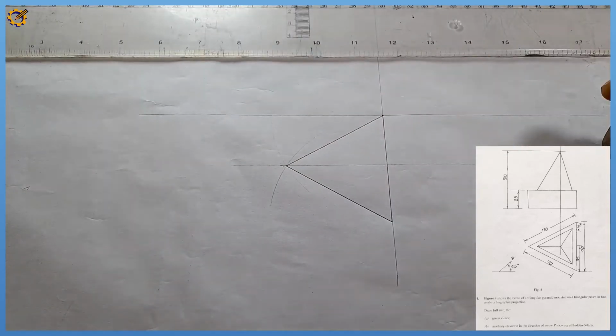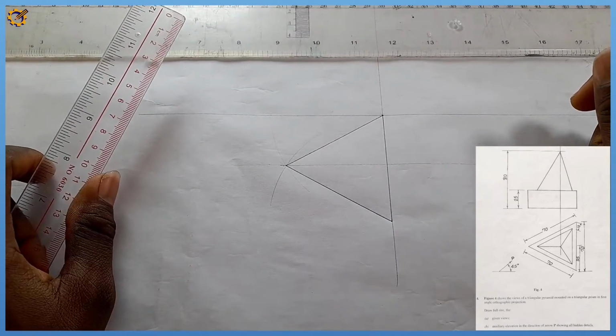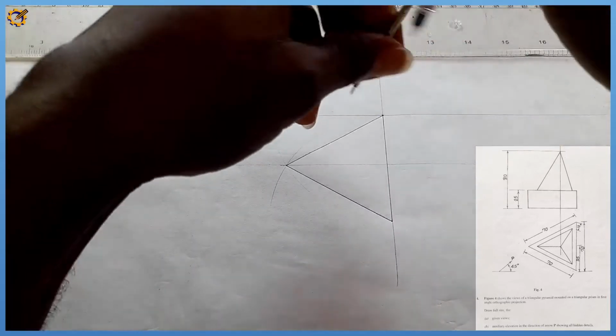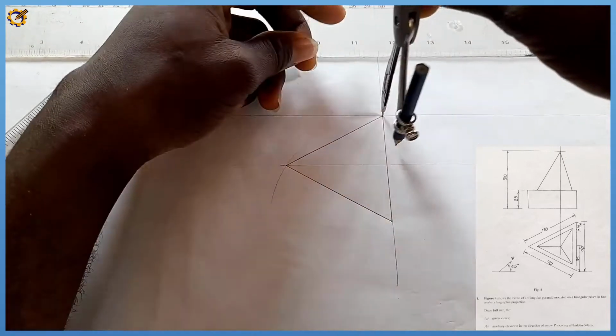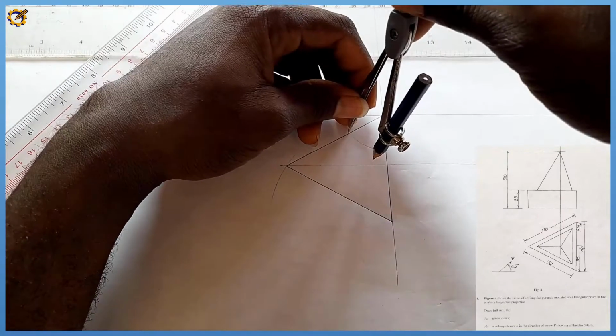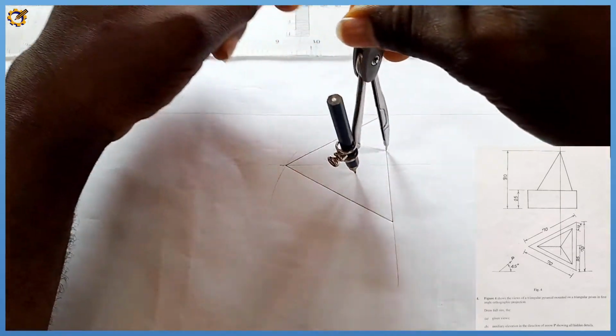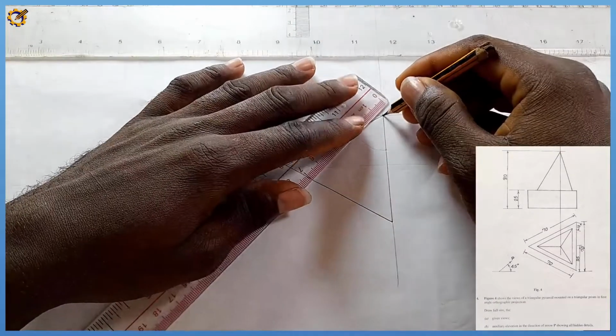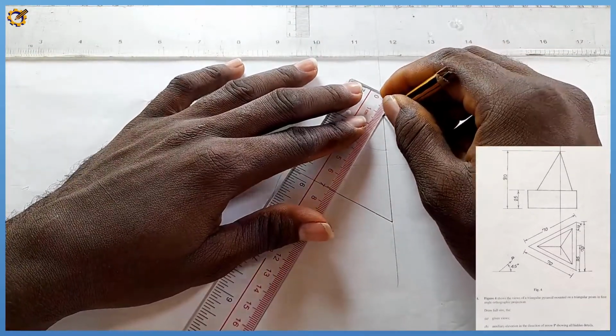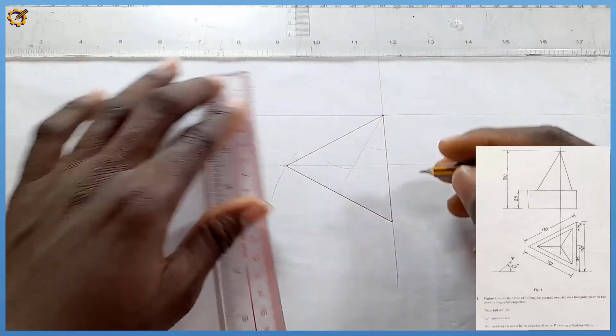All right, so after doing that, the next procedure is this. I'm going to bisect this angle here, the angle 1 and 2. I'm going to draw the bisector faintly, like this.